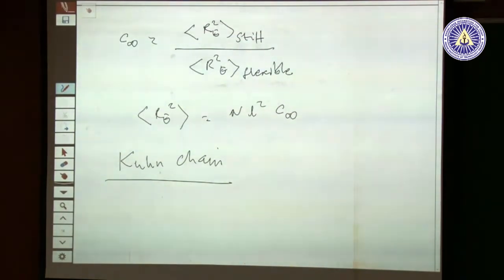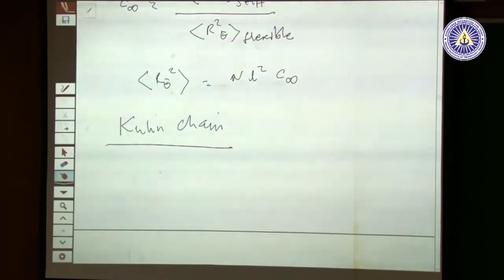Now we saw that if you travel along the backbone of the carbon chain, if you travel a sufficient distance, then you lose all correlations because of how quickly it decays. We've also seen that the local structure of the chain only appears through this L term, and here through cos theta and C infinity. Now imagine I have a very long chain and I lump monomers into super monomers.